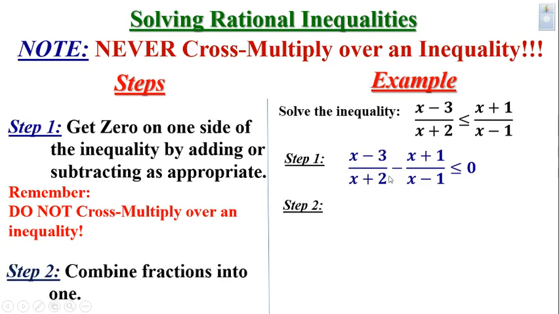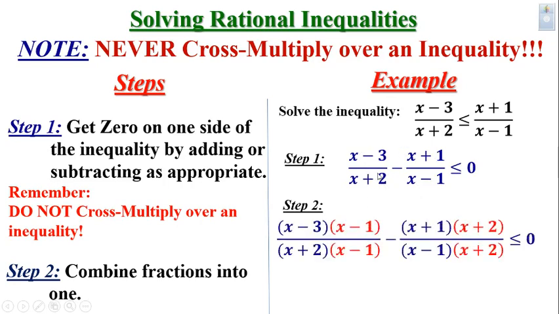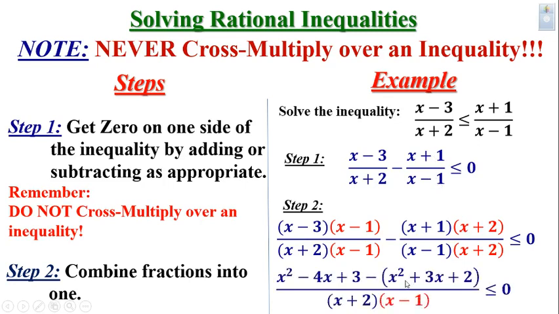Step 2, combine the fractions into one fraction. So I'm going to multiply the numerator and denominator by an appropriate number to get a common denominator. I multiply numerator and denominator here by x - 1, and numerator and denominator here by x + 2. And when I combine the fractions, I can distribute the parentheses, but because it's a minus, I'm going to keep that minus, and when I distribute, I keep that in parentheses.